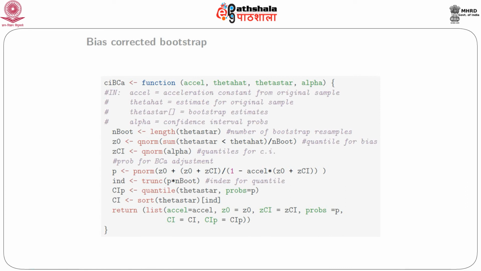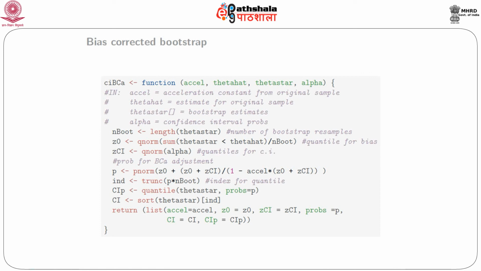Then the quantile for the bias is calculated, and the quantile for the CI is given by qnorm of alpha, which has been specified. Then p is pnorm of z naught plus zCI divided by 1 minus acceleration times z naught plus zCI. This is the probability for the bias corrected accelerated adjustments.